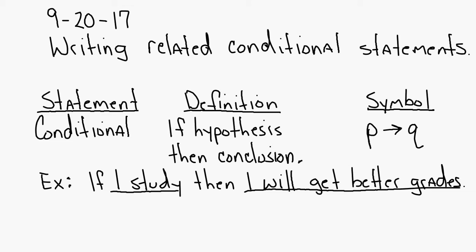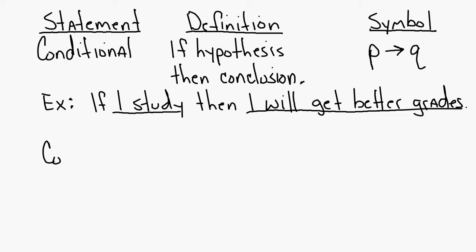So there are three statements that are related to a conditional. The first one that's related to a conditional is called a converse. If you're asked to write the converse of a conditional, the definition is if, conclusion, then hypothesis.